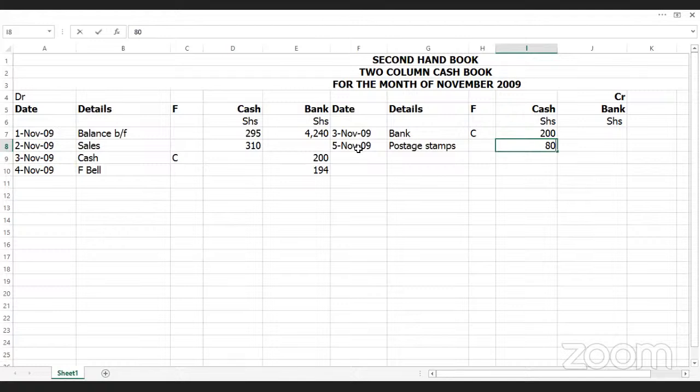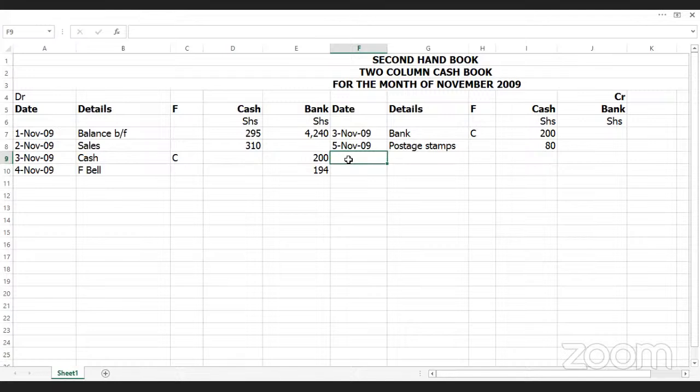Next transaction is on date 6. We bought office equipment by check, shillings 310. Payment or receipt? It is a payment.